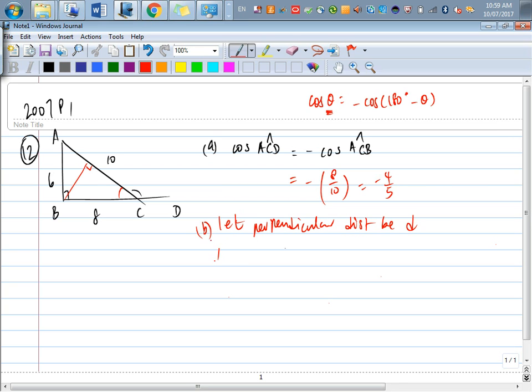So half times 10 times D is equal to half times 6 times 8. So you get the answer for D quite easily.